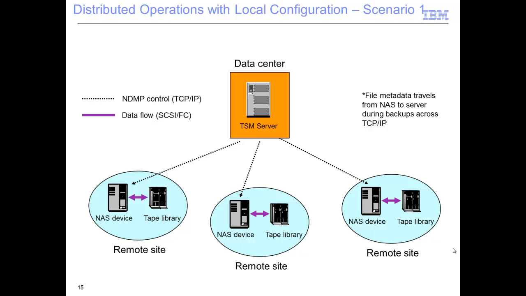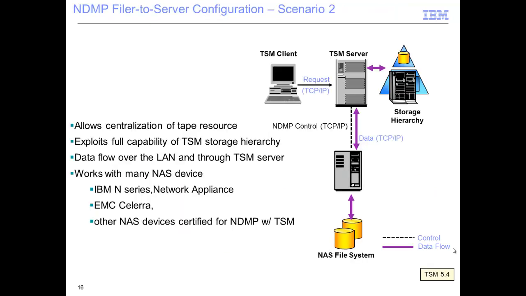Our second scenario with Tivoli Storage Manager, we still have the TSM client kicking off the backup, and the TSM server still sends out the request to do the backup out to the filer. But in this case, the filer sends its data back across the network through the TSM server, and then the TSM server writes it out to our storage hierarchy.